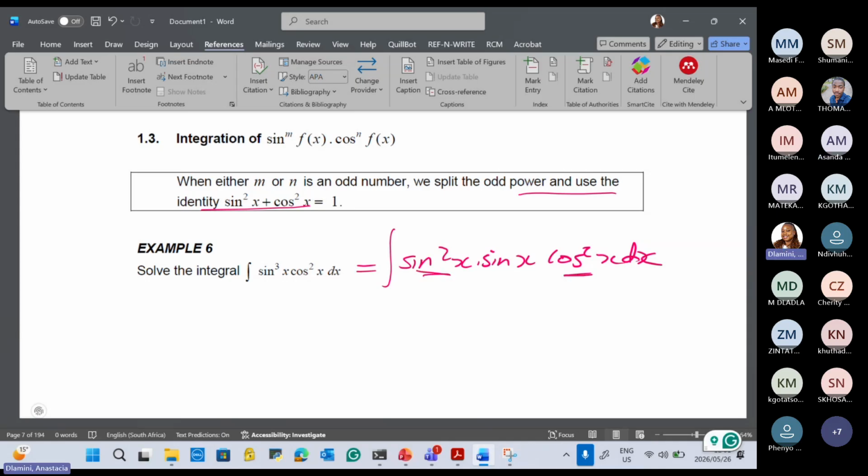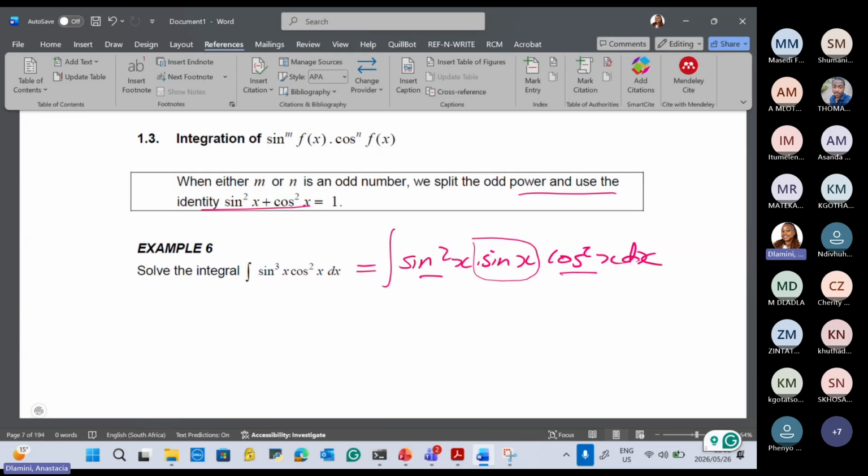So where do we replace exactly? We can't replace the odd one, because there's no square there. So this one, leave it alone. My question is, do you replace here or do you replace here?